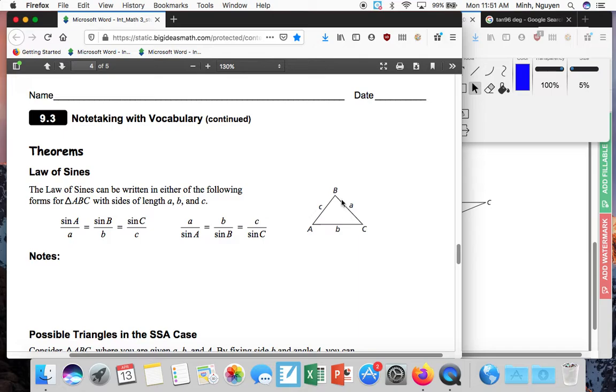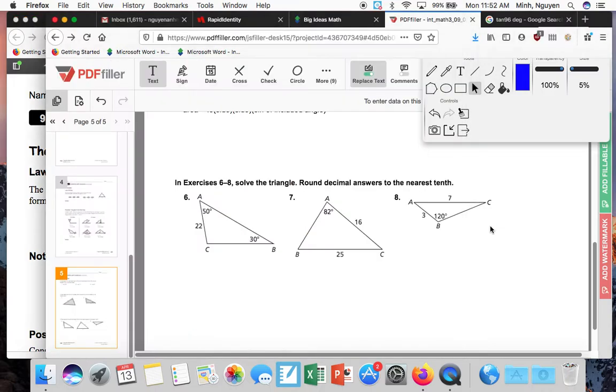If I take angle C and I make it smaller, so then instead of going like this, it would go like this maybe, then side C directly across from angle C will also get shorter. So there's that.